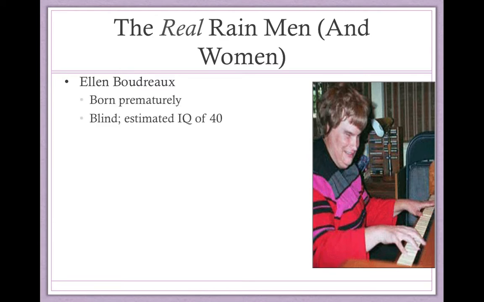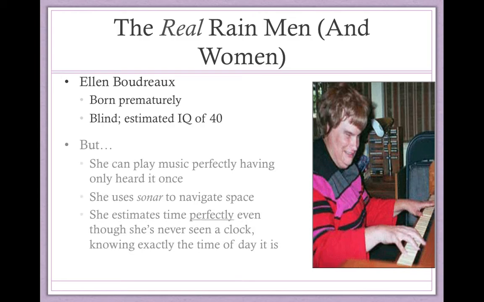She was born prematurely, she's blind, and she has an estimated IQ of 40, which is quite low. But she can play music perfectly after only hearing it once, and she uses sonar to navigate space. She estimates time perfectly, even though she's never seen a clock because she's blind, and she knows exactly what time of the day it is.